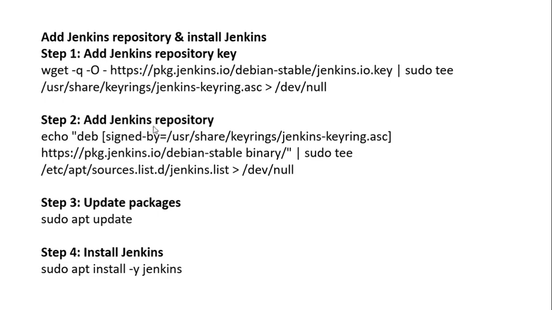Step 2 is add the Jenkins repository: echo "deb [signed-by=/usr/share/keyrings/jenkins-keyring.asc] https://pkg.jenkins.io/debian-stable binary/" | sudo tee /etc/apt/sources.list.d/jenkins.list > /dev/null.